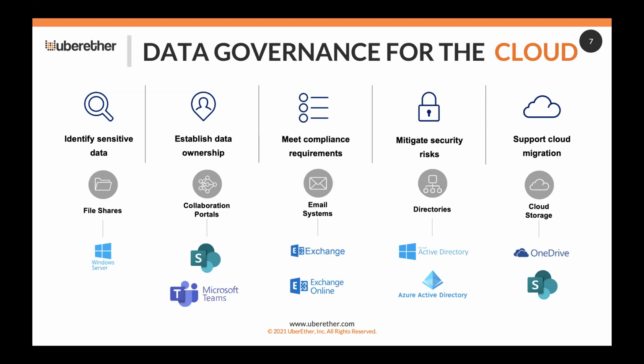But the SailPoint FAM tool will actually allow us to look across traditional Windows file shares, cloud collaboration portals, our email systems, the directories, as well as all of the cloud storage, whether that's OneDrive, SharePoint, Box, any of the other big ones out there, even S3 buckets on the Amazon side, and pull all of that data together and look at those files and say, hey, there's employee IDs in here.